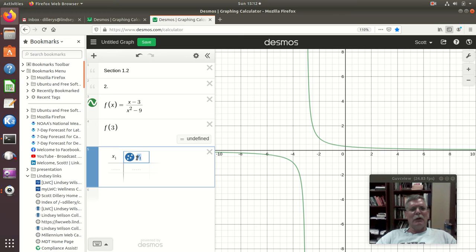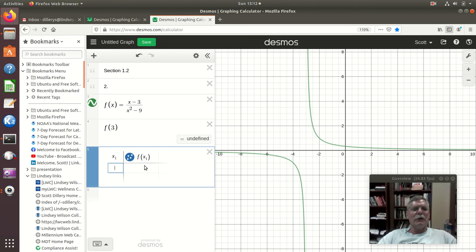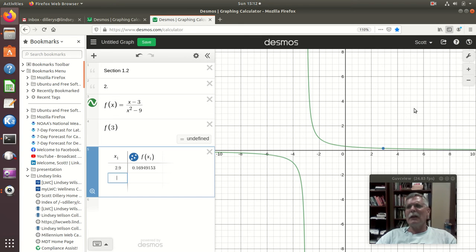But here, if I highlight and say f of x1, then it should start filling everything in. It says, okay, start at 2.9, go up, adding 9s at the decimal place, and then 3.001 and so forth. So I have 2.9. Now, wasn't that nice how quickly that calculated?